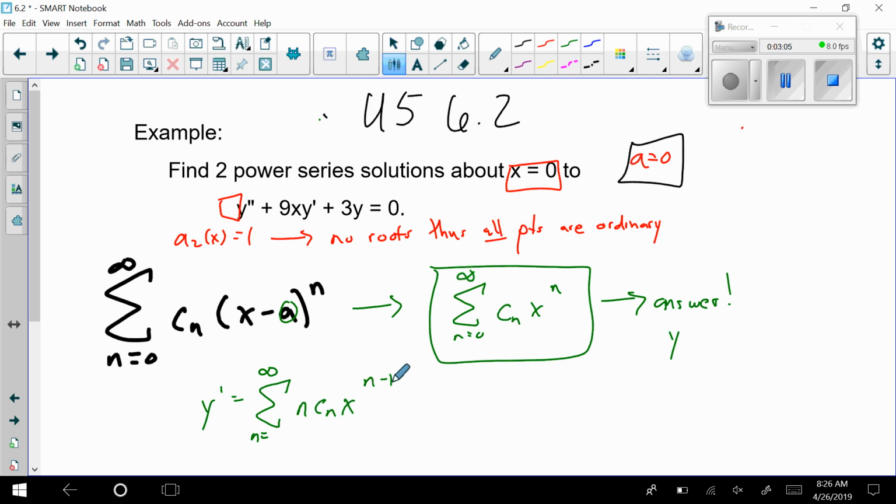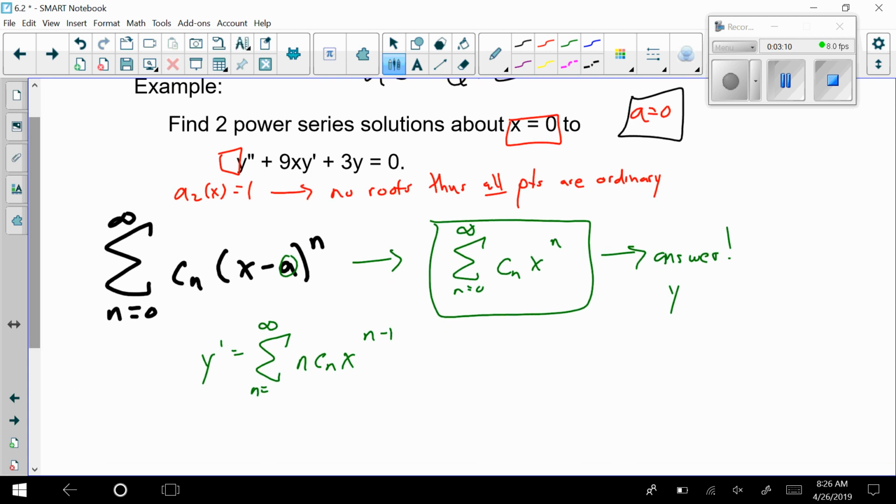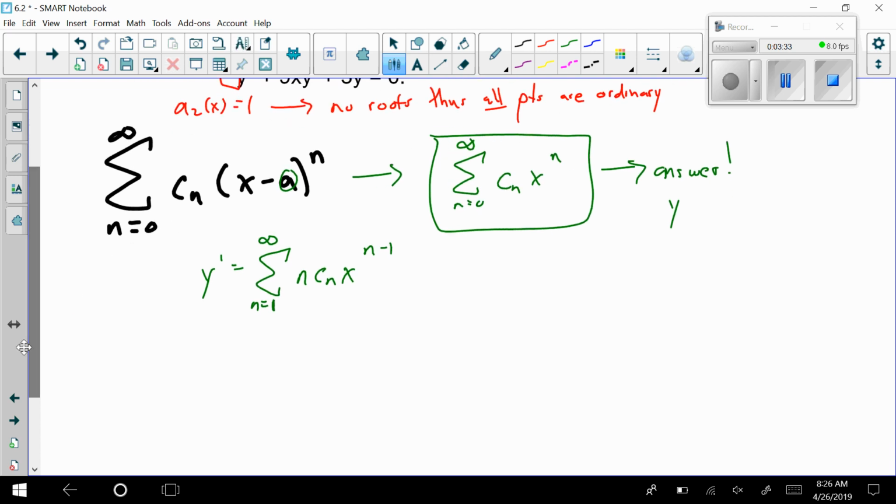Drop down the power, subtract 1. That seems right. Up above, I can't have a negative exponent sitting here, because before I wanted this n to start at 0. So how could I get the 0 up here? I would have to have my n at 1. So this has changed: now y prime has an index of 1 to infinity.